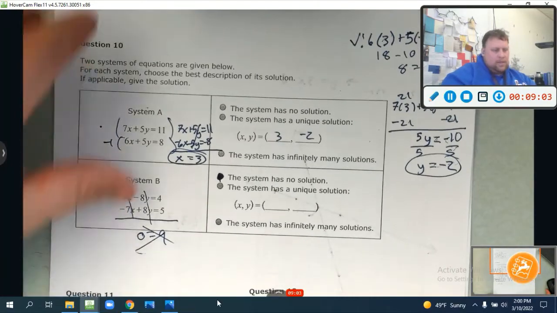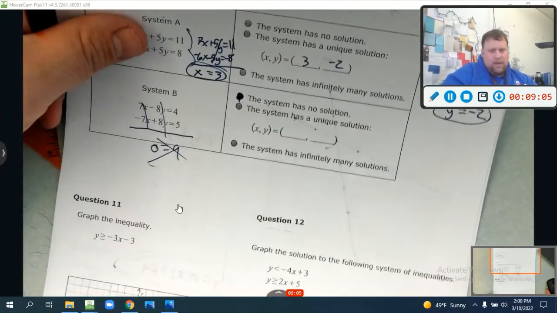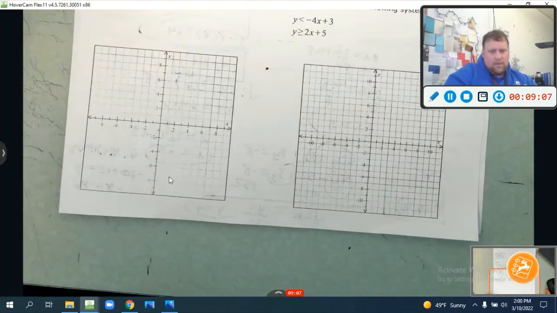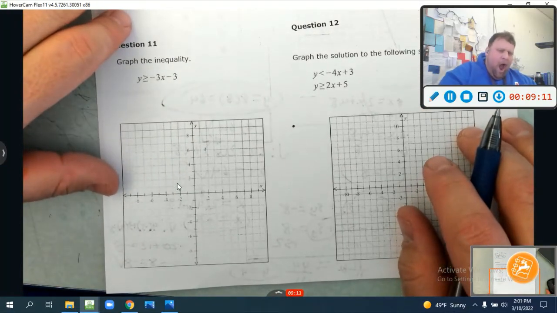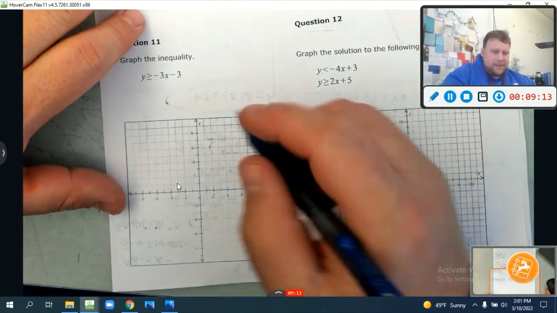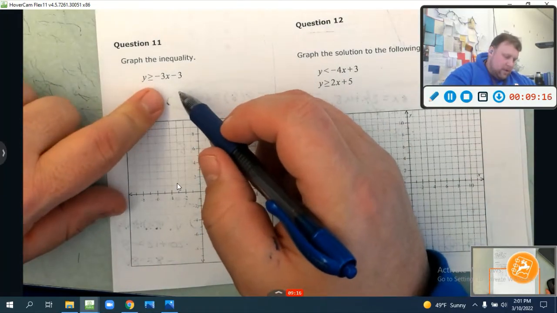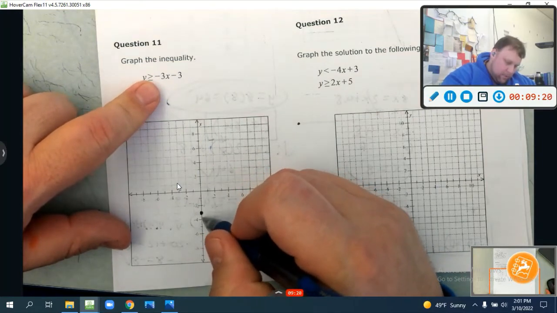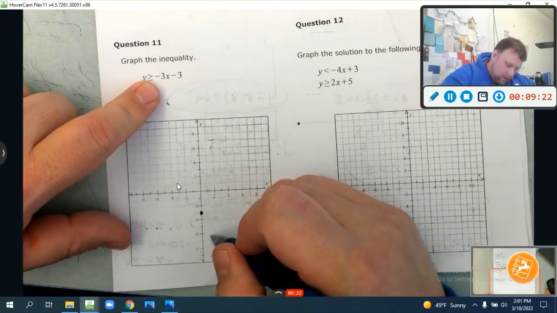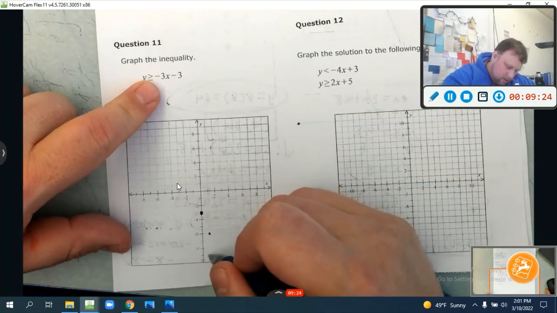And our last problem of the day. So this is y is greater than or equal to negative 3x minus 3. So I'm just going to go down to minus 3. And then negative 3 tells me to go down 1, 2, 3, and over 1. Down 1, 2, 3, over 1.